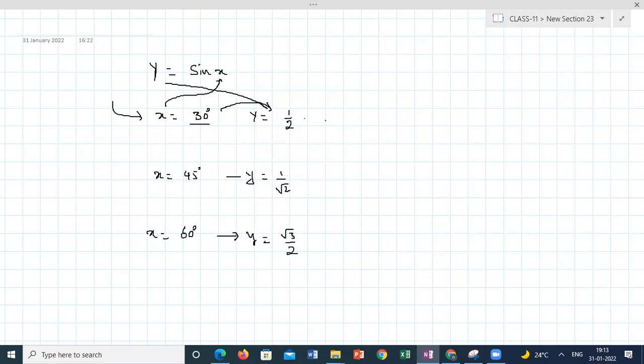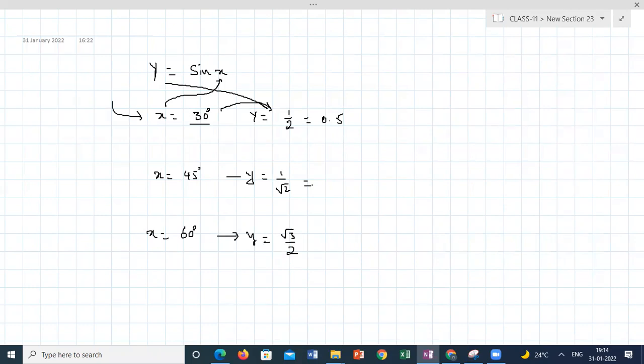So what is the value of 1 by 2? 0.5. The meaning of 1 by root 2: the root 2 value is approximately 0.707.